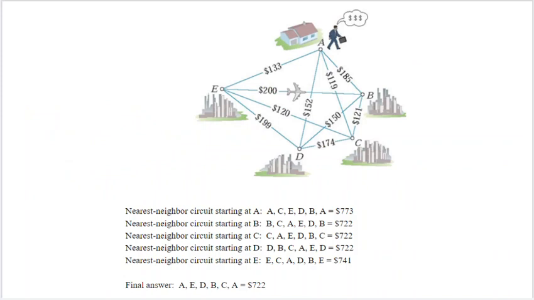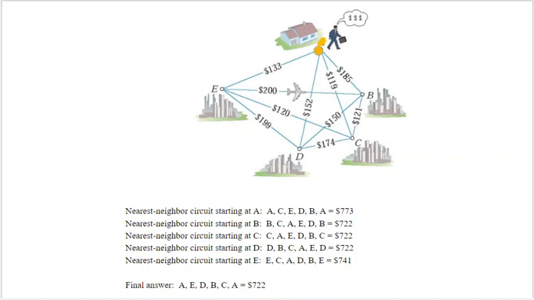In the previous video, we went through how to do the nearest neighbor algorithm. I'm going to go through how to do it again from A as our starting point. So if we start at A, which is where we were told Willy had to start, we want to choose which city is the cheapest to get to.